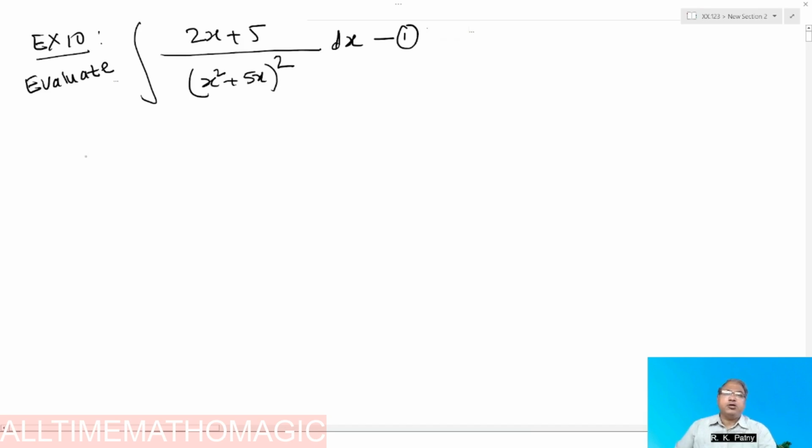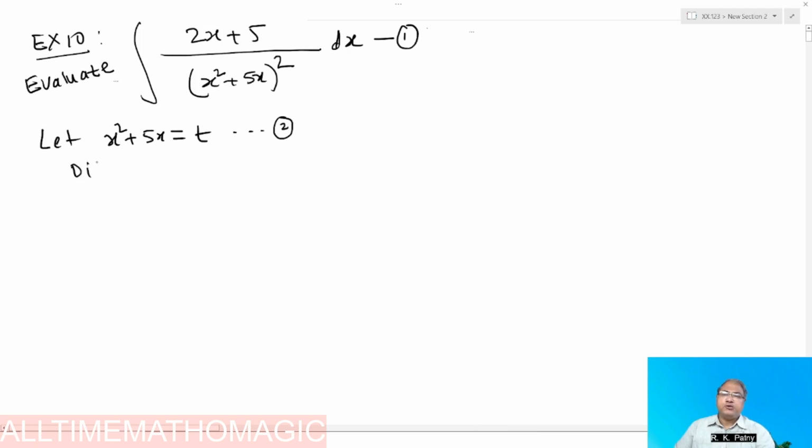Evaluate integration of 2x plus 5 upon x square plus 5x whole square. It is a clear indication that the denominator is equals to t, because derivative of x square is 2x and derivative of 5x is 5. So let x square plus 5x equals to t. Call it equation number 2.